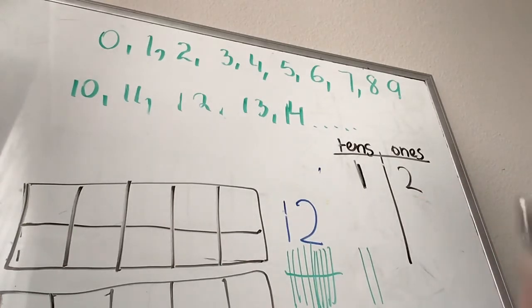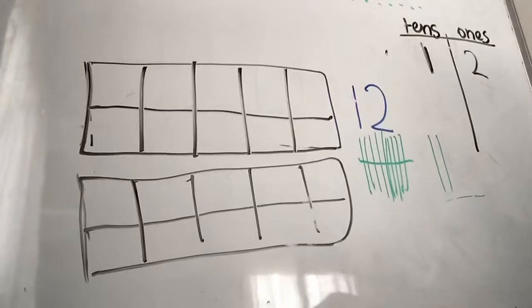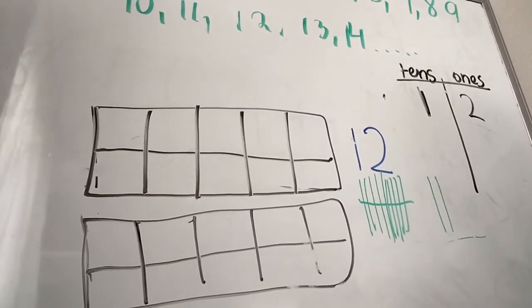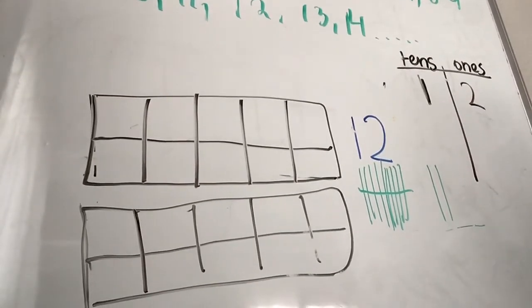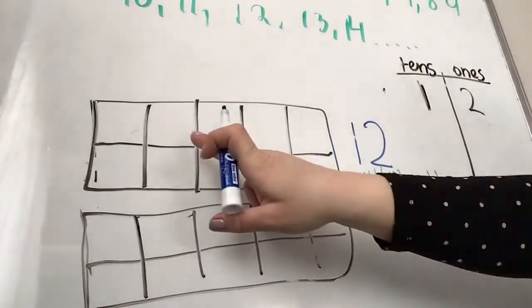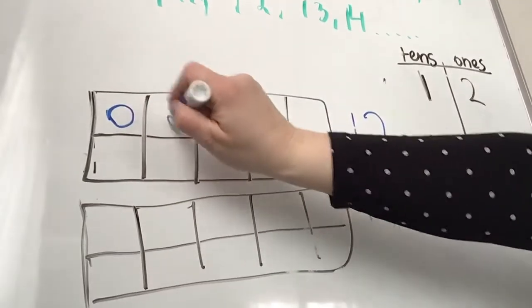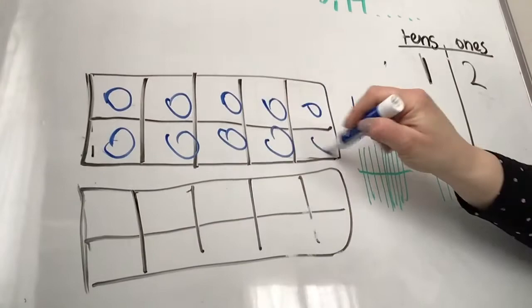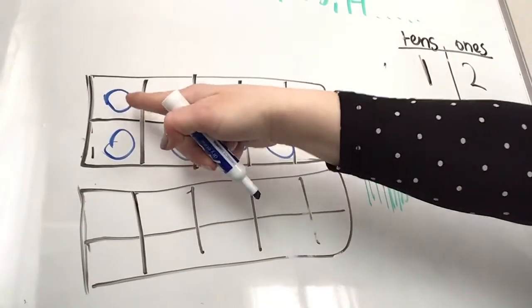So let's do a little problem. Let's say Kirill got 12 Skittles, and he needs to put them into tens and ones. So I know that the number 12 has 1 ten and 2 ones. And I know I don't have to count each square on my 10 frame because it has 10. So right away I can fill in the blank and put 10 candies here. Do I need to count them all by 1, 1, 2, 3?